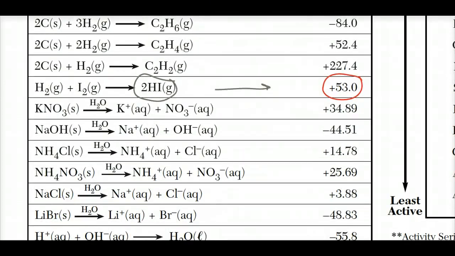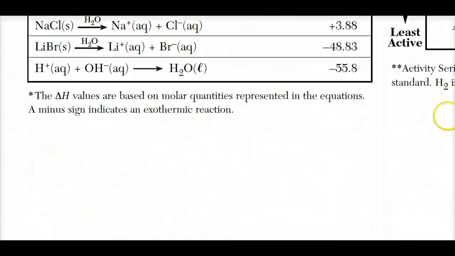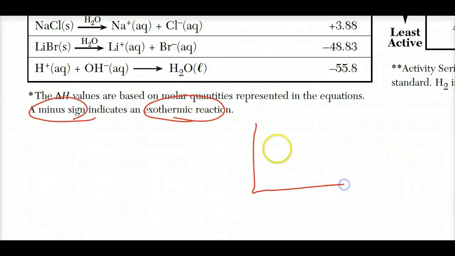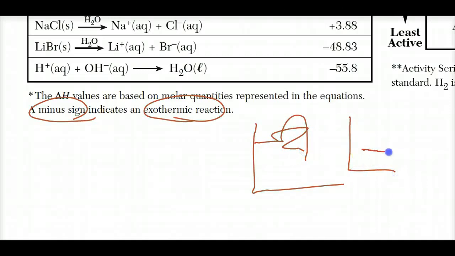So of our 4 choices, the one that's different, with a positive delta H, is the hydrogen iodide. But if you forget what's exo and endo, look at the bottom of table I. Don't forget, they're telling you a minus sign indicates an exothermic reaction. Remember, your curve was endothermic, starting low and going high. So that told you it was positive.